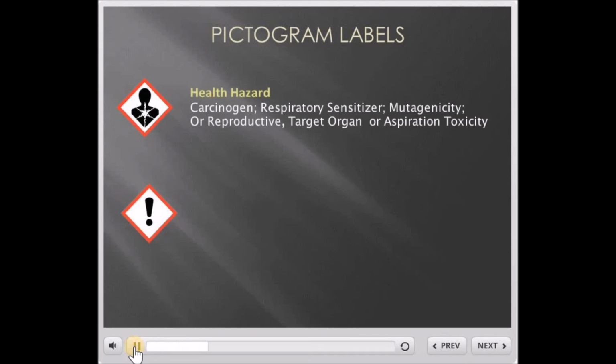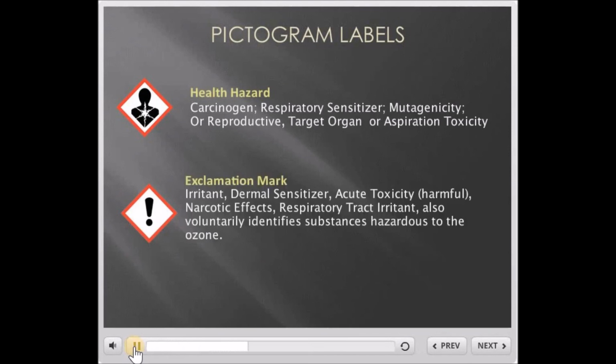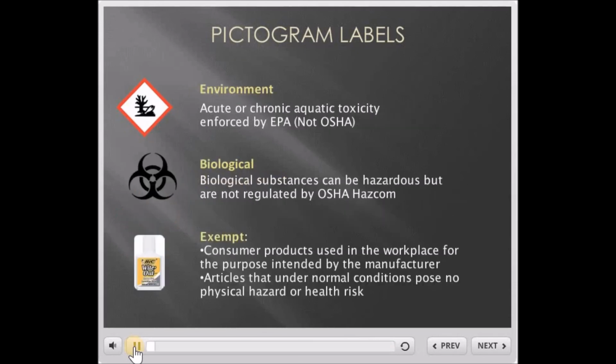A torso indicates there is some type of health hazard, and an exclamation mark means it may be an irritant, sensitizer, or have some other hazard. You may also see a pictogram for environmental hazards and biological hazards, which are not regulated or enforced by the OSHA Hazardous Communication Standard.